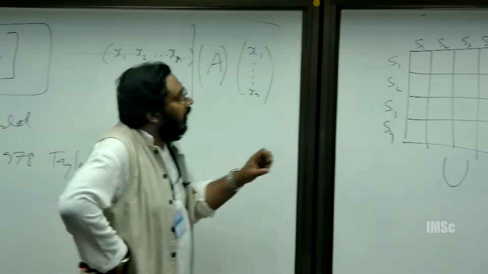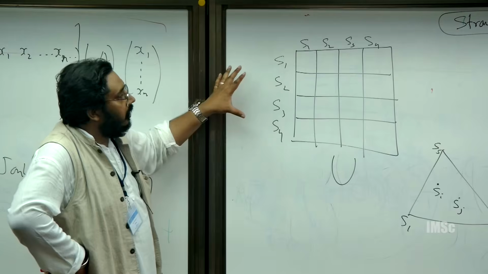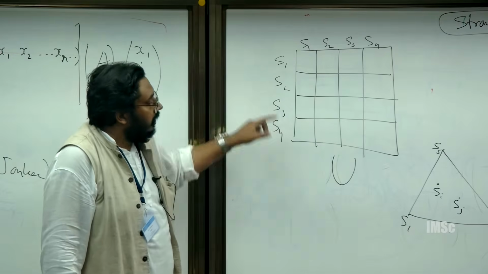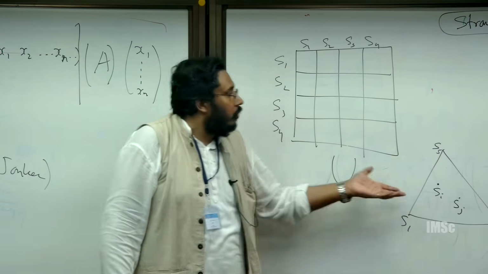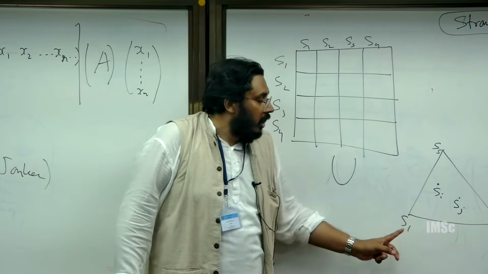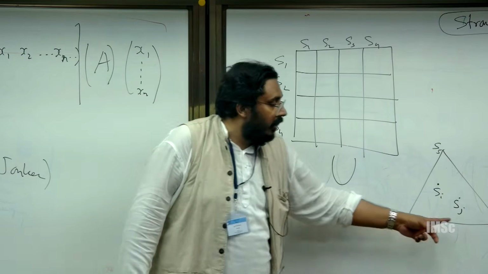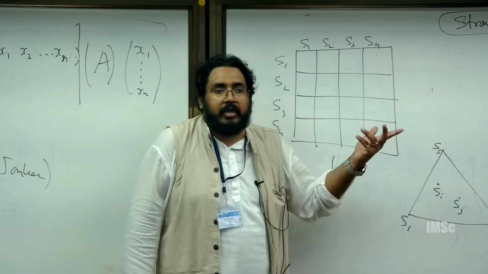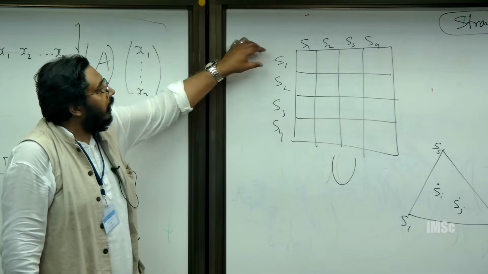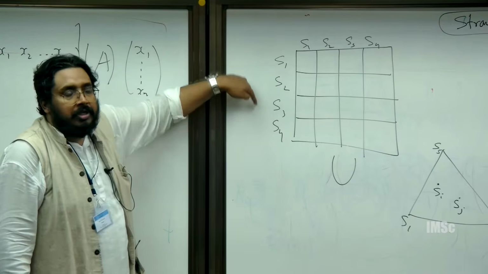What does that mean? If I write these actions in the space of a simplex, then essentially I am saying the pure strategies are lying somewhere in the corner. I cannot draw an n-dimensional simplex, so it is just representative of a simplex, where the probability of S1 will be here, the probability of S2 will be here, S5 will be here, and those are going to be pure ones, because the probability vector corresponding to strategy S1 is going to be 1 0 0 0 0, for 2 it is going to be 0 1 0 0, for 3 it is going to be 0 0 1 0.